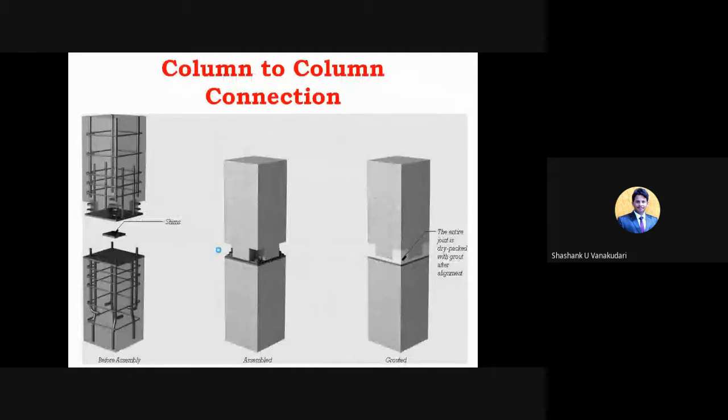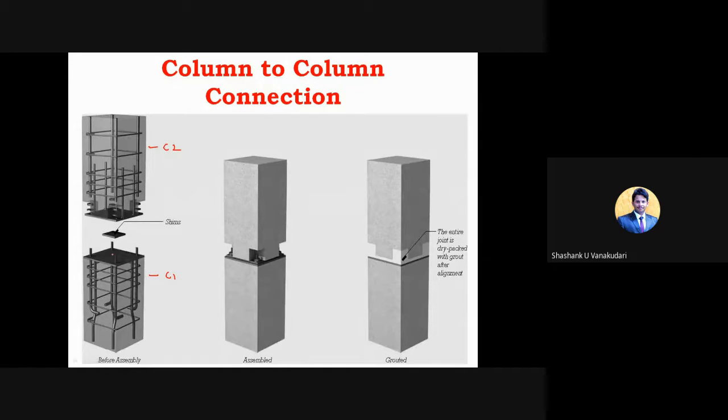And here you can see the column to column connections. This is the first column, and this is the second column. Now we are going to join this C1 to C2. Before assembly, they are going to provide all the reinforcement at this part, and then they are going to prepare the concrete portion.